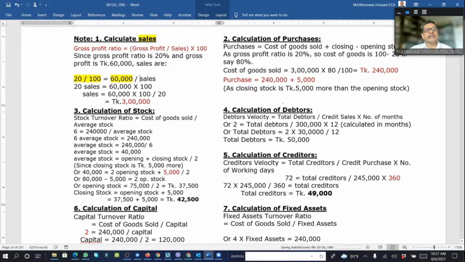If we calculate the left side and right side, we will get total sale of 3 lakh. So 3 lakh is the sale.